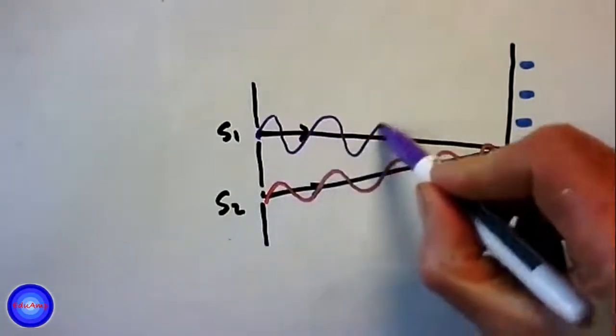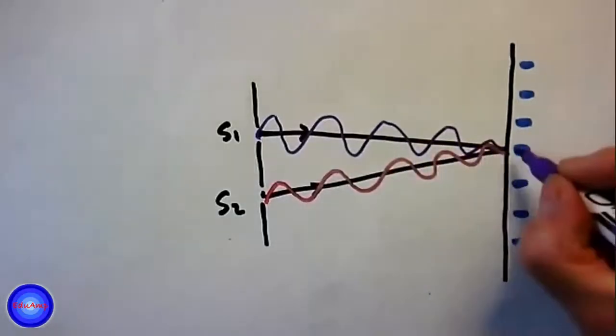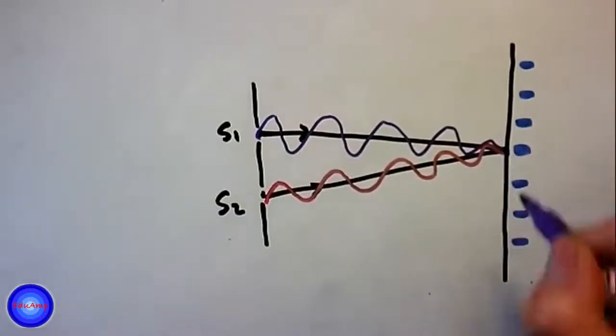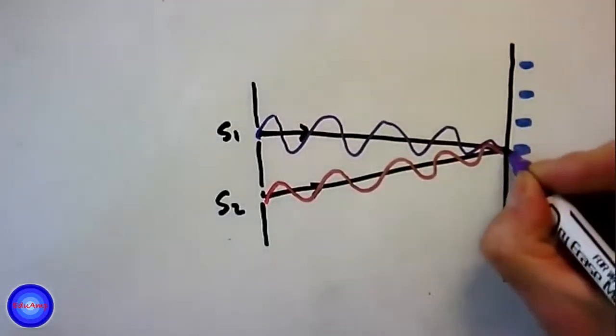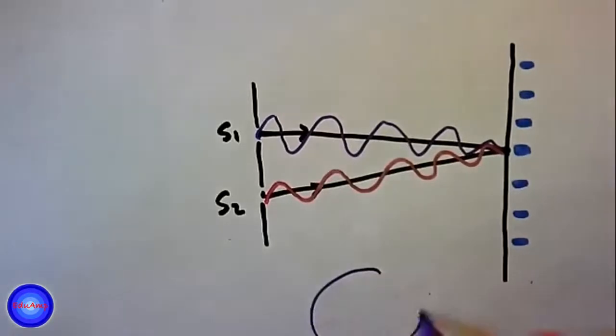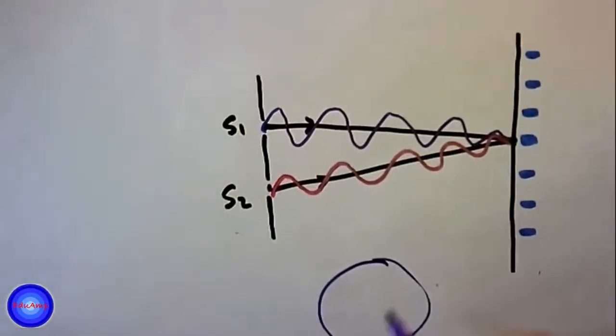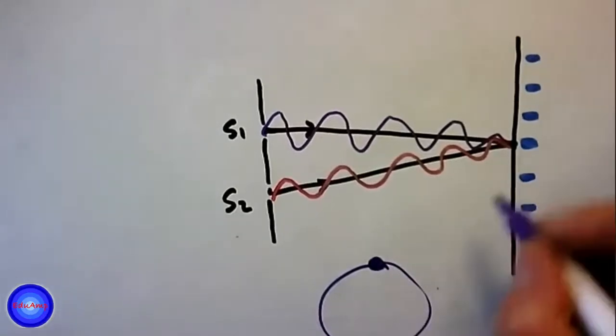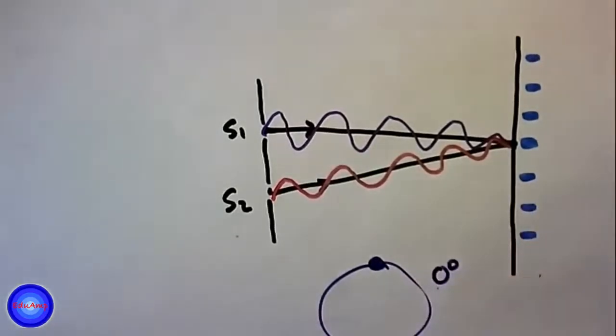Up and down, up and down. Okay. They then meet here, but what we say is they meet in phase. What I mean by that is, if I look at my circle going up and down again, let's say the phase difference is going to be 0 degrees or 0 pi.